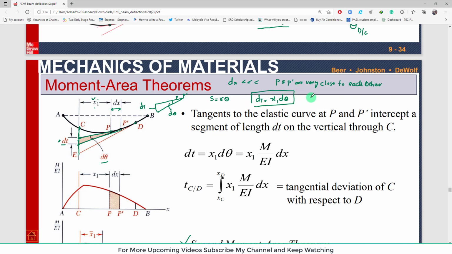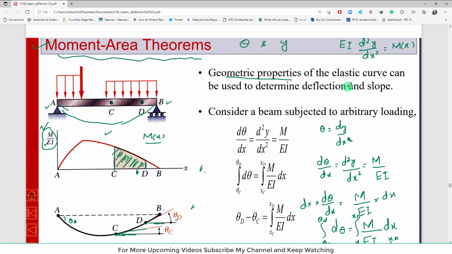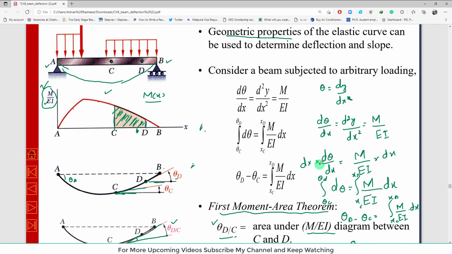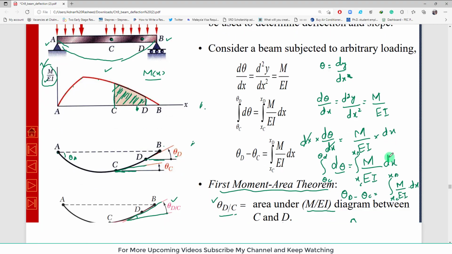Clear? Now you know that, as we have seen above, this d theta is equal to m over ei, and here you can see the x will cancel. So d theta will be equal to m over ei into dx.